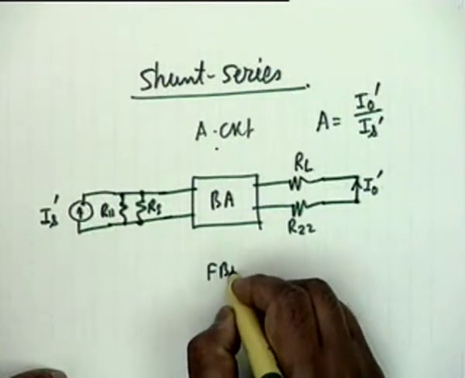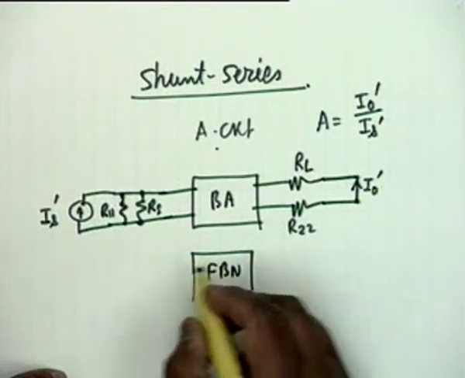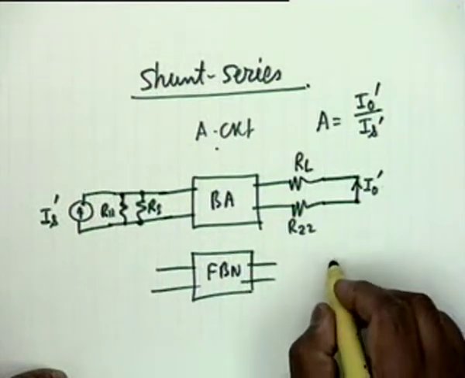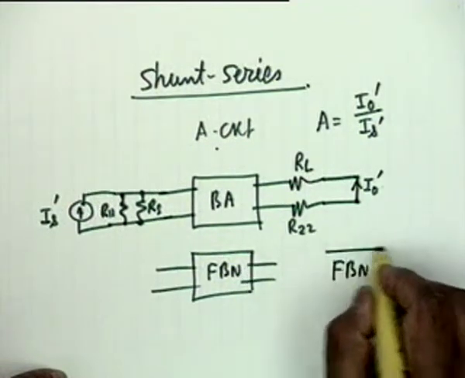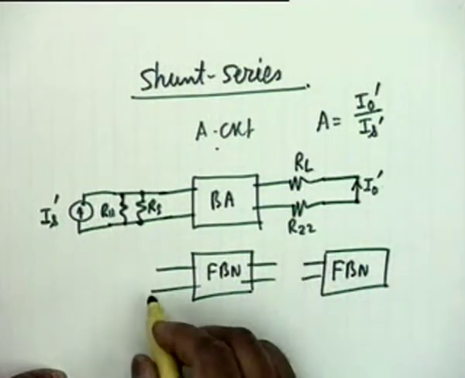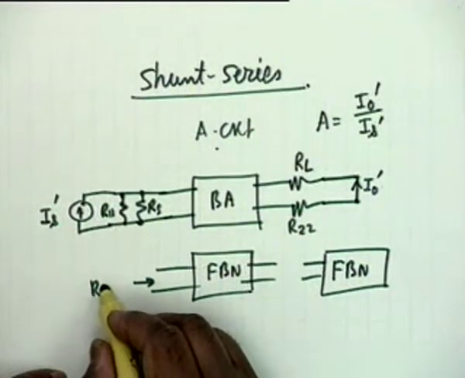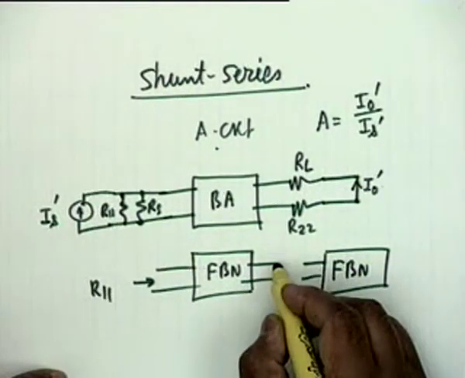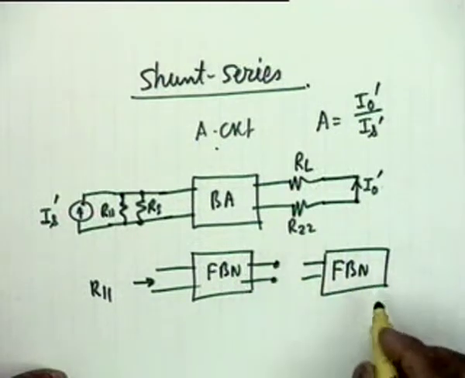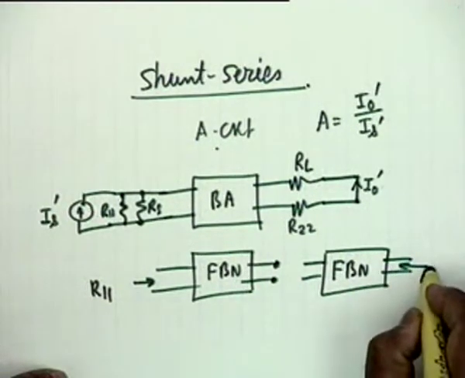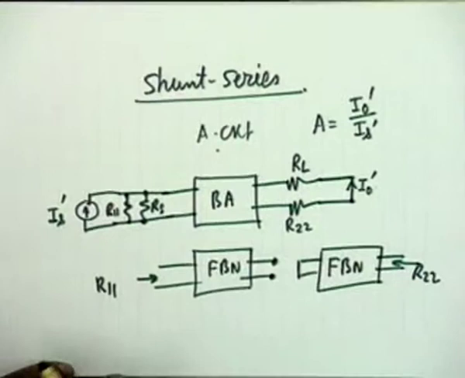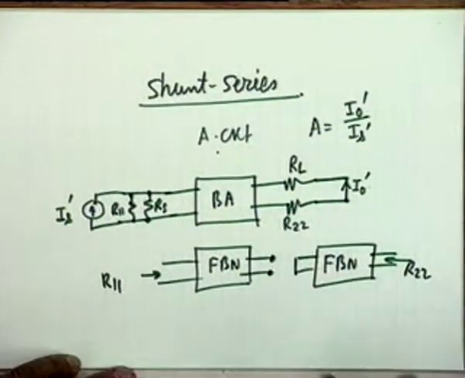Let us take the feedback network and identify R11 and R22. For R11, what do I do to these terminals? Open. And for R22, short. Right? We have identified the A circuit.